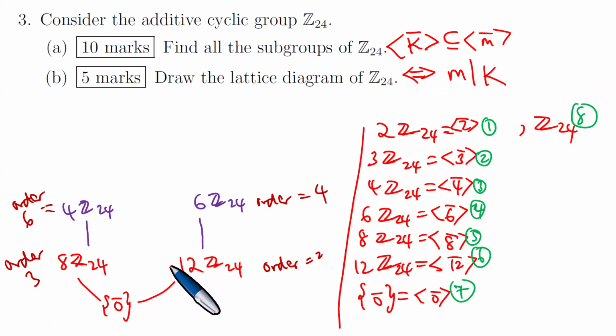Now we are looking at the orders. Let me write here order 3, order 2, order 1. Now, 2 divides 6. Right, 2 divides 6.